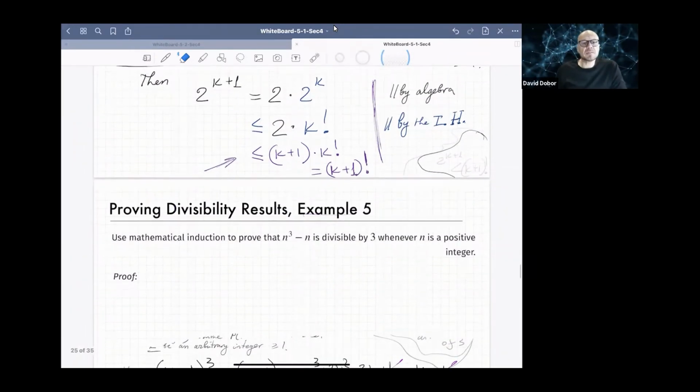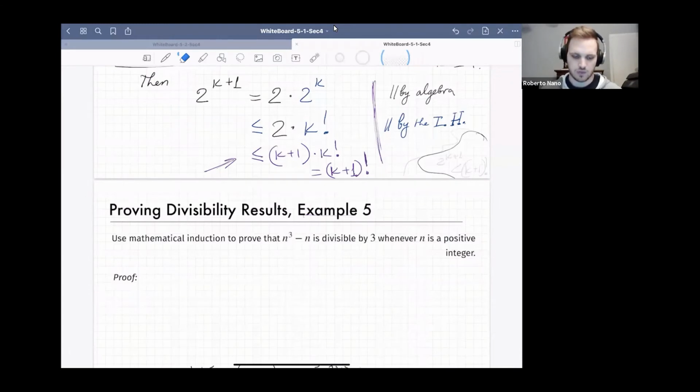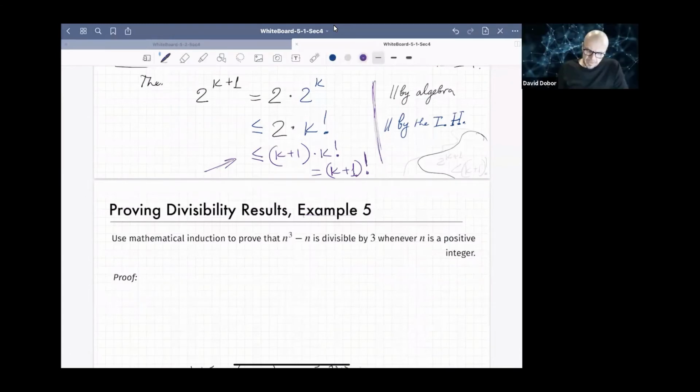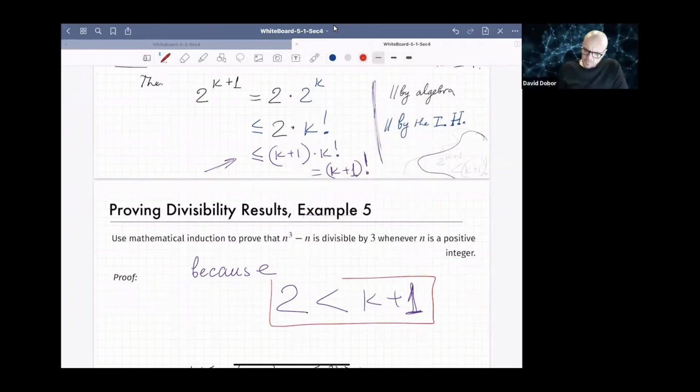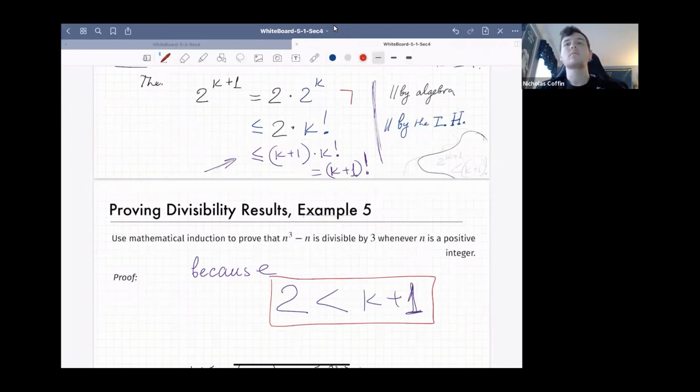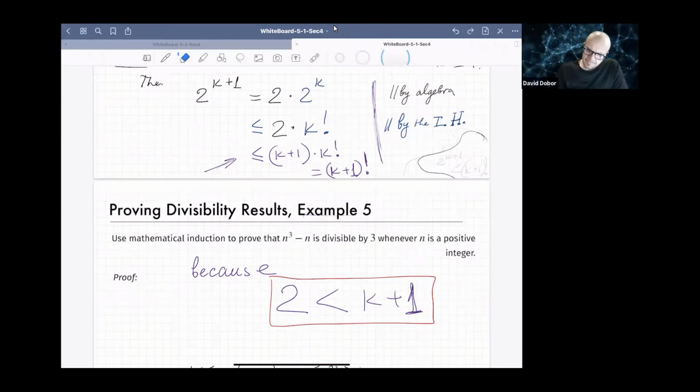Because k is greater than or equal to 4, the 2 will always be less than k plus 1, so 2 times k factorial will always be less than or equal to k plus 1 times k factorial. Does everyone see why this step is justified?